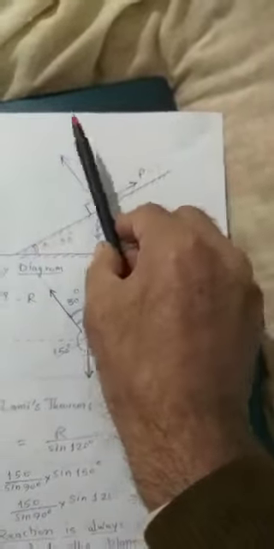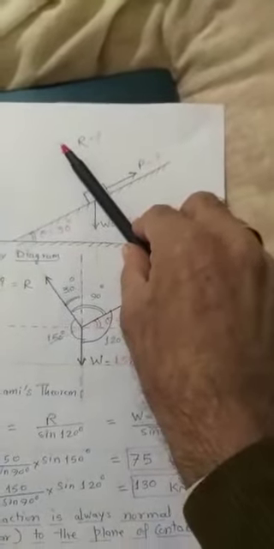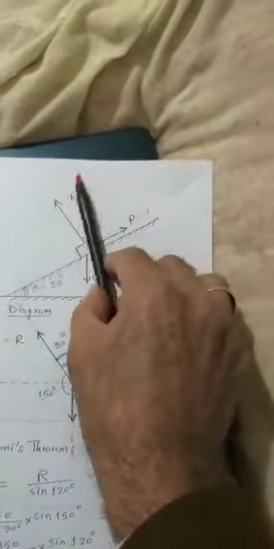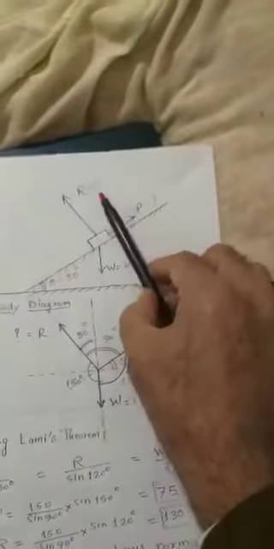If that would have been straight, then the reaction would be like this. But as soon as it moves like this, the reaction will also move accordingly. So whatever angle has been made over here, the reaction will make the same angle with the perpendicular. So now this angle is known.